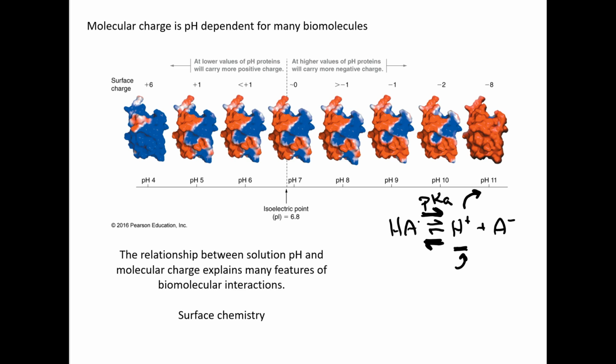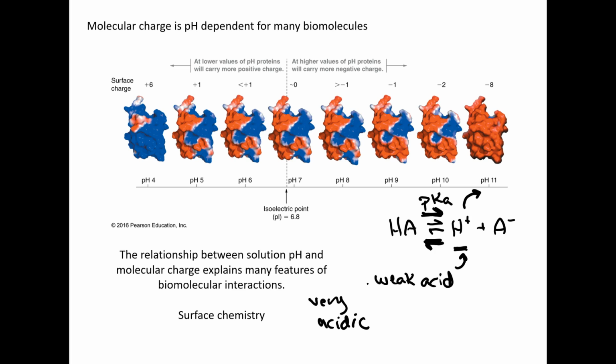Now, this can be thought of as an equilibrium system being driven by Le Chatelier's principle, or you can think of it in terms of pretty common sense characteristics. If you put a weak acid in a very acidic solution, will that weak acid act as an acid in that solution? It won't.